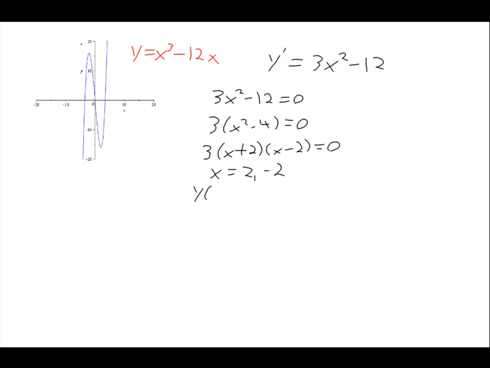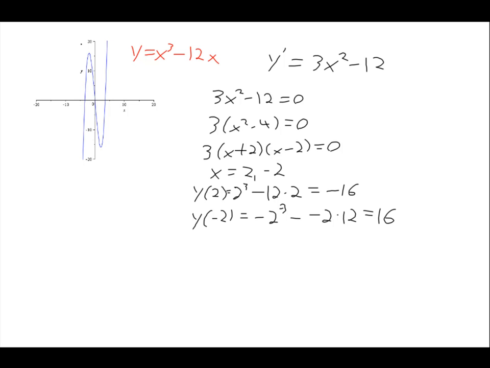So we would say y of 2, plug that in, it's 2 cubed minus 12 times 2, which is negative 16, and y of negative 2 is equal to negative 2 cubed minus 12 times negative 2, which is 16.